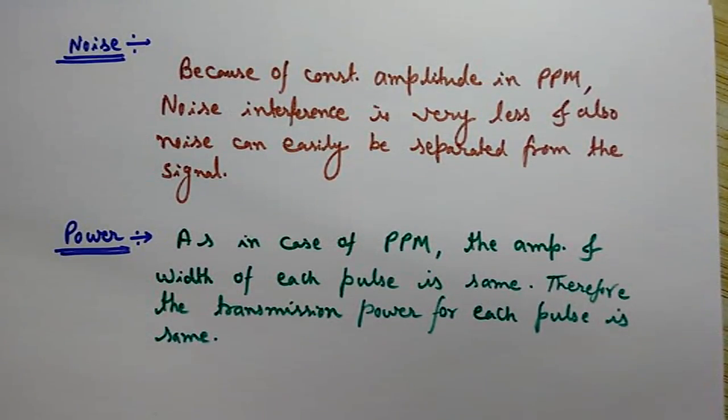But in PAM and PWM, the transmission power varied because of variations in amplitude and widths respectively.